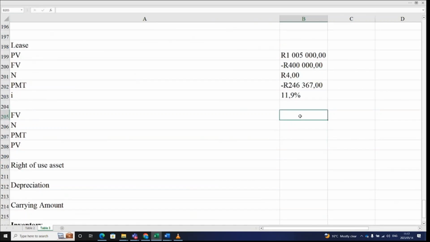So then we'll get to the present value of the minimum lease payments, which is the liability, which forms part of the right of use asset.